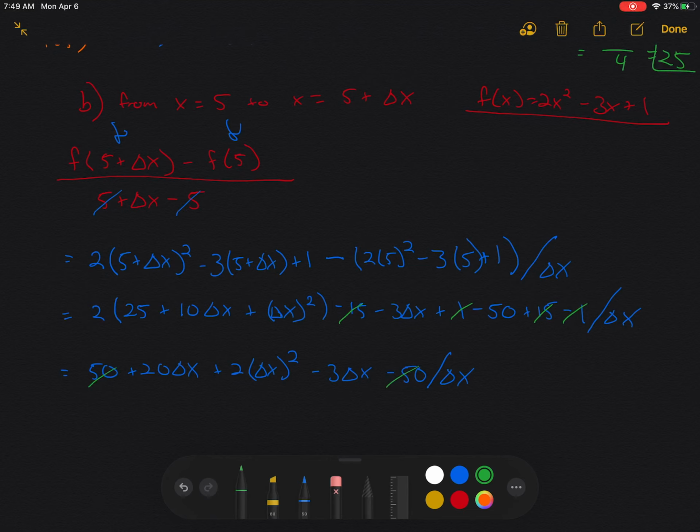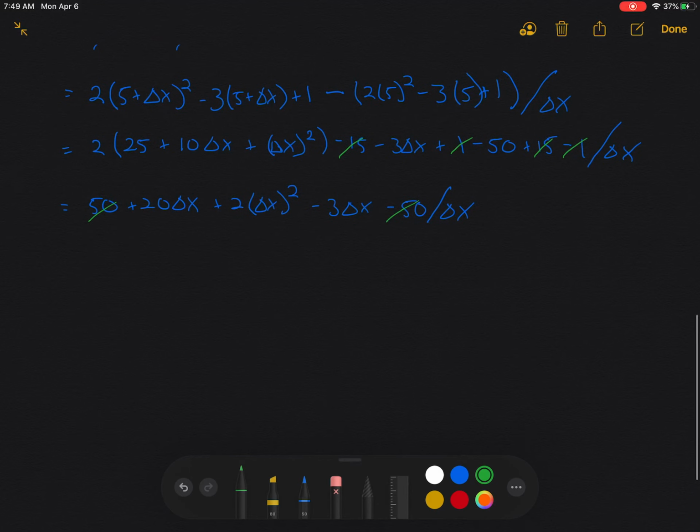Okay, from here all I can see is the 50s canceling. Now we can set this up a little bit cleaner. What we have left after we cancel out those 50s is 20 delta x plus 2 delta x squared minus 3 delta x all over delta x.